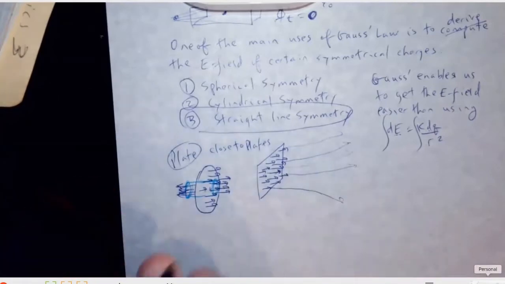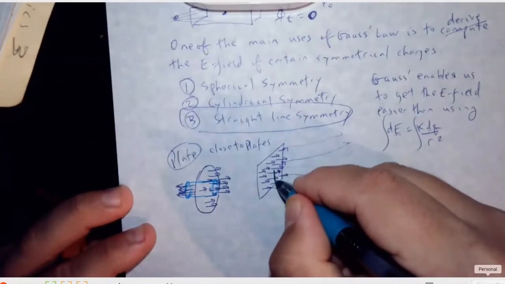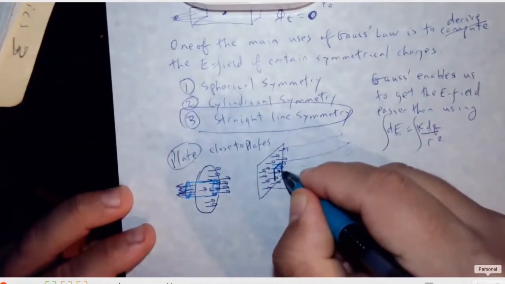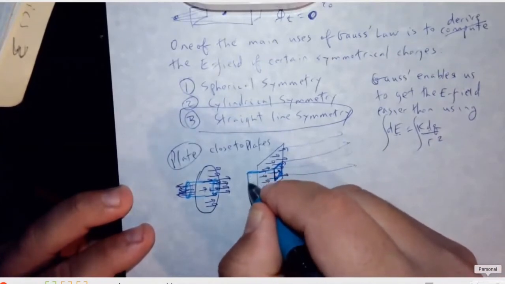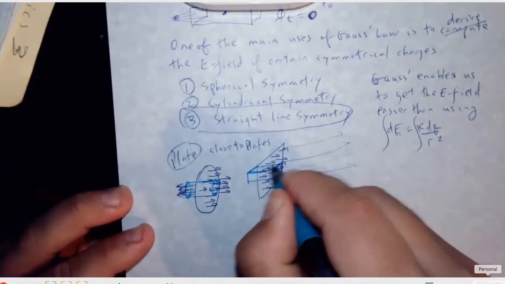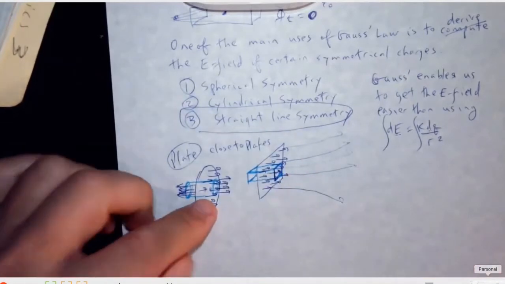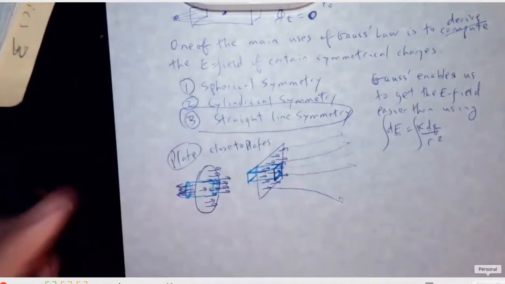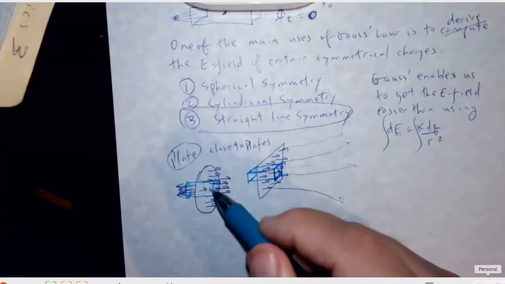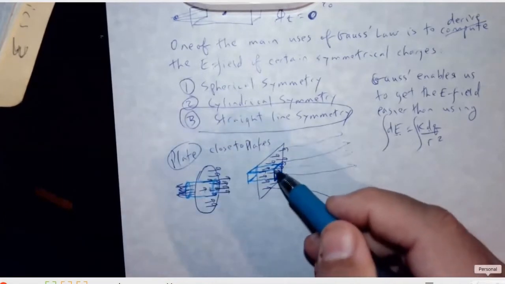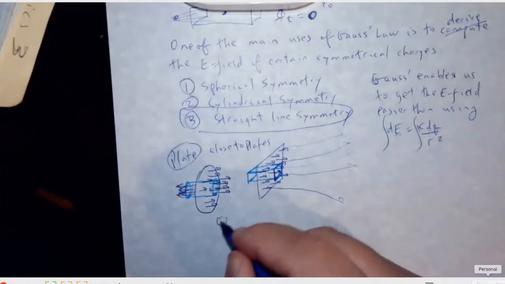And in this case, you can also take a Gaussian surface kind of like this, a rectangular box. But at the end, it's not really going to matter what kind of Gaussian surface we choose. But just to start, it's nice to choose a circular cylindrical Gaussian surface, and here a rectangular box.